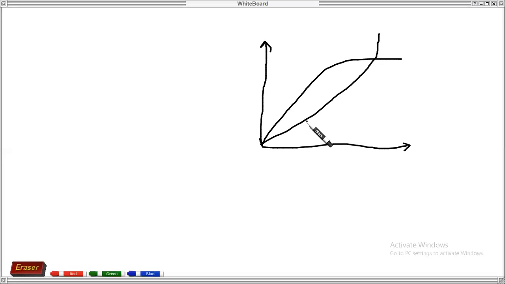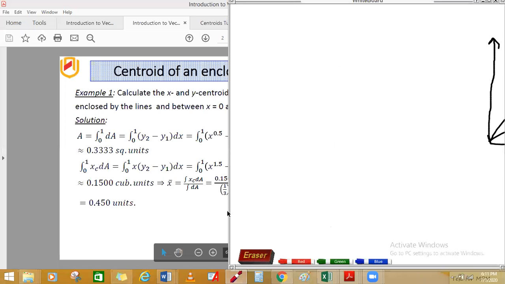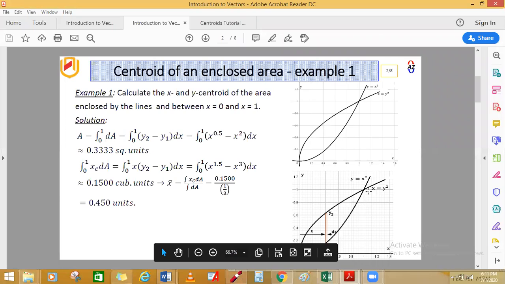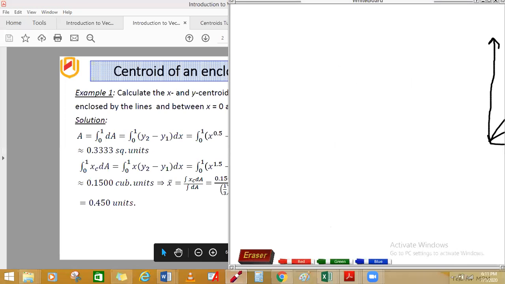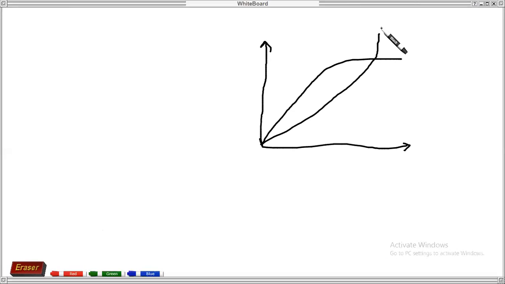Here y equals x squared and x equals y squared.